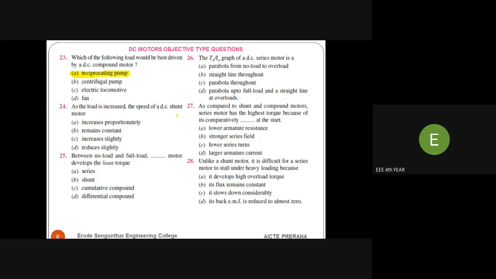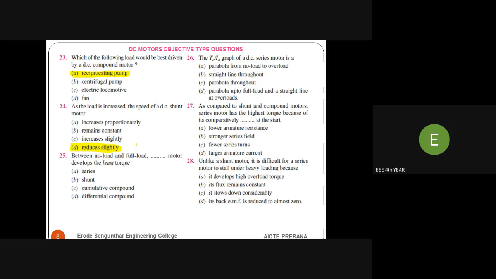Definitely it reduces slightly, because a DC shunt motor is also known as a constant speed motor. You can increase the load, and only a small percentage of speed is reduced.